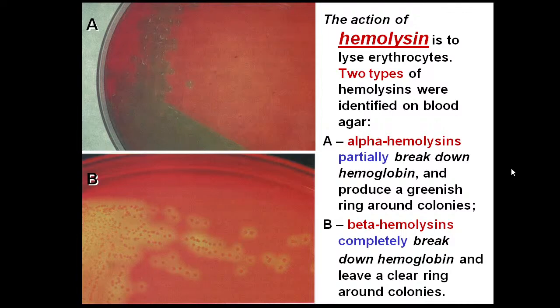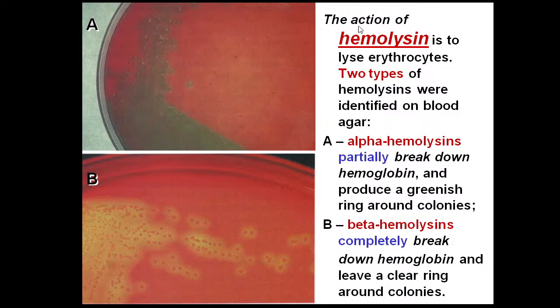But generally we distinguish two basic types of hemolysin. So this is alpha hemolysin, and it causes just partial breakdown of hemoglobin, modification of hemoglobin into methemoglobin. So that's why the greenish ring around the colonies is produced.